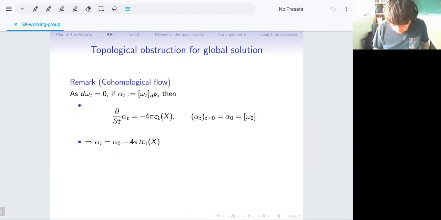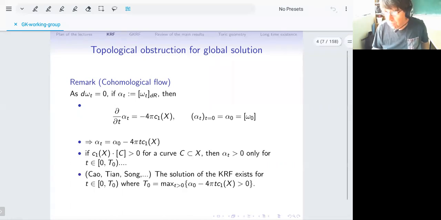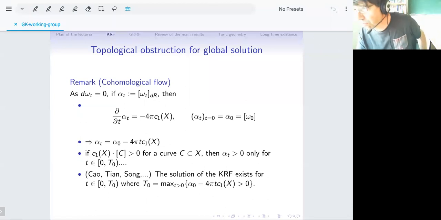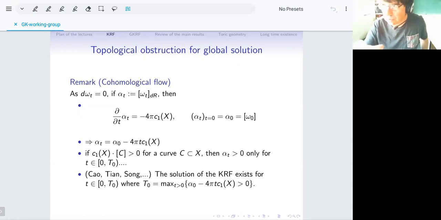So one consequence of this remark is that in general, you cannot expect this flow to exist for all time. It's just because of this cohomological evolution. For instance, if you have a curve on which c1 is positive, then I just restrict to the curve.